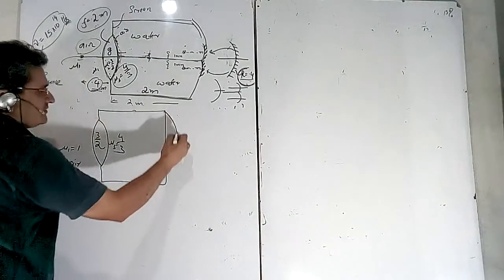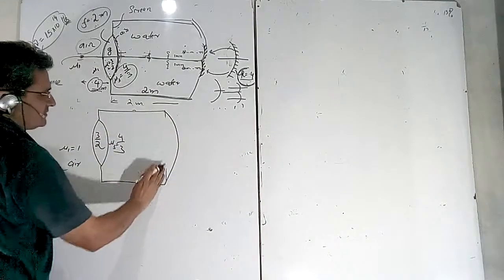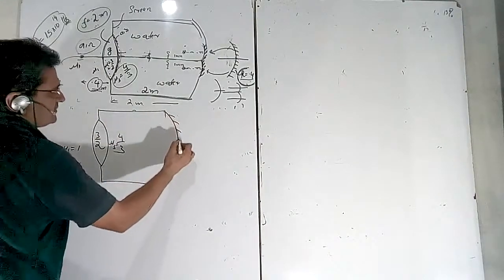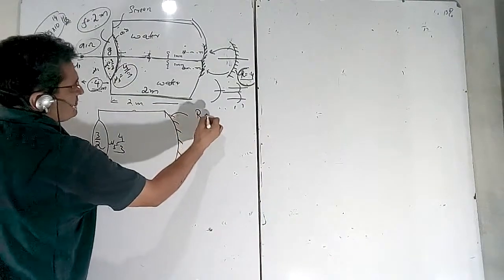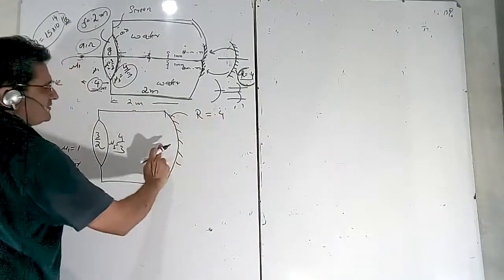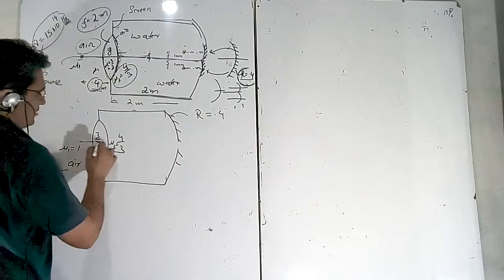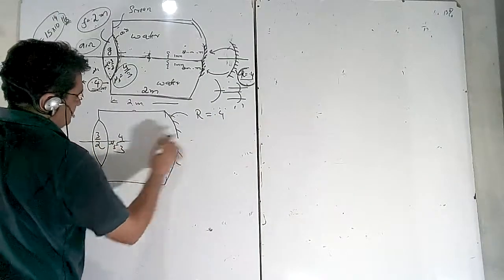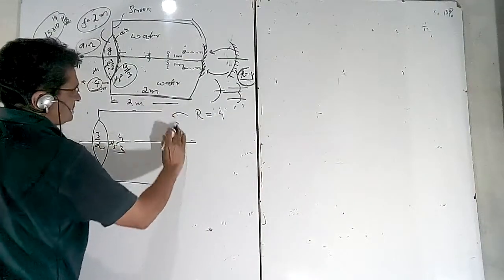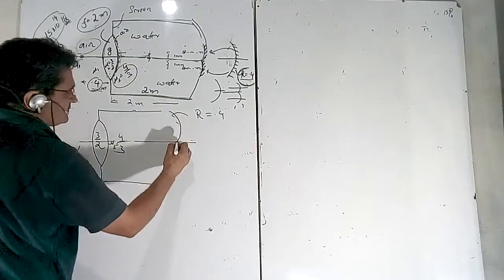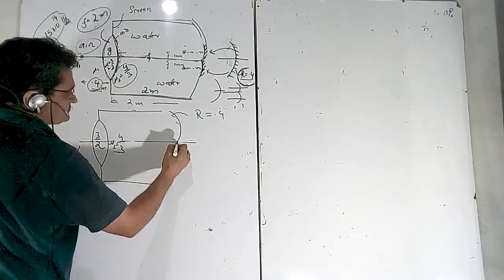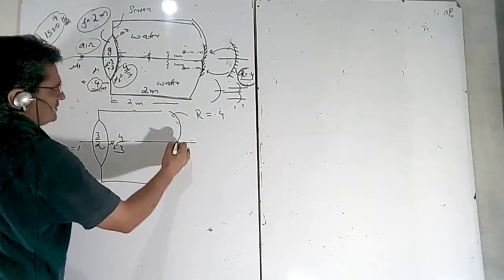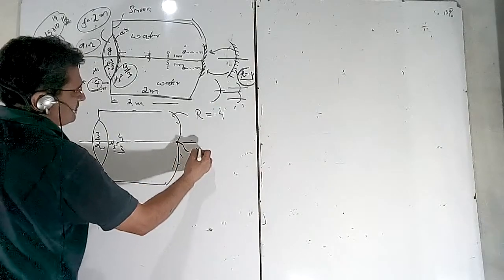Here there was a mirror with the radius of curvature of 0.4, but we have broken this mirror in two parts, and now this is rearranged like this, and this small gap is filled.